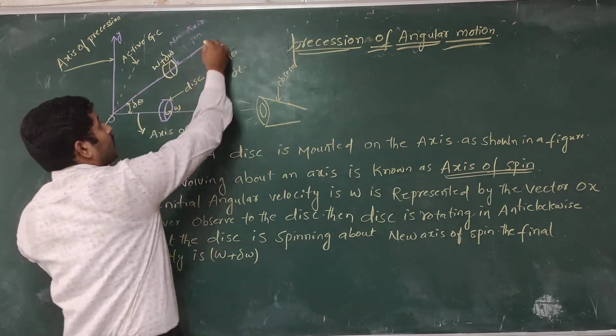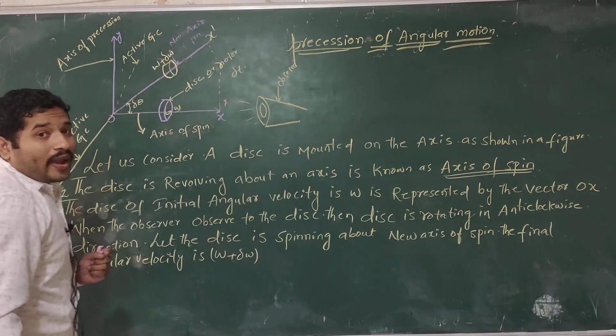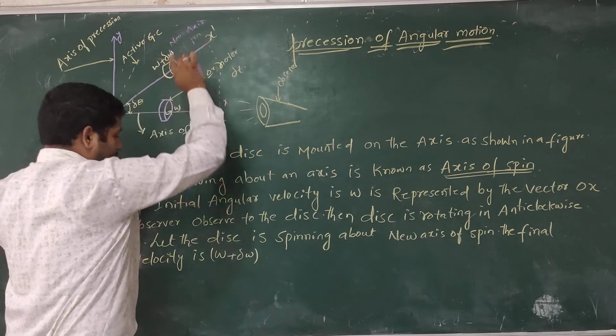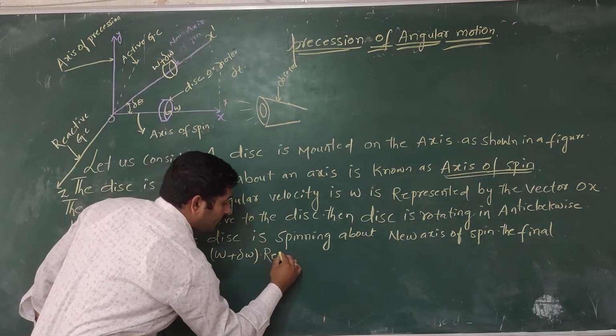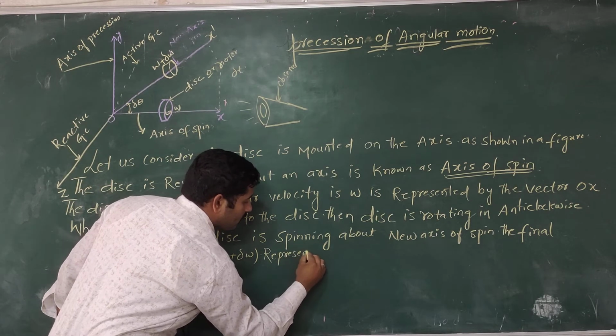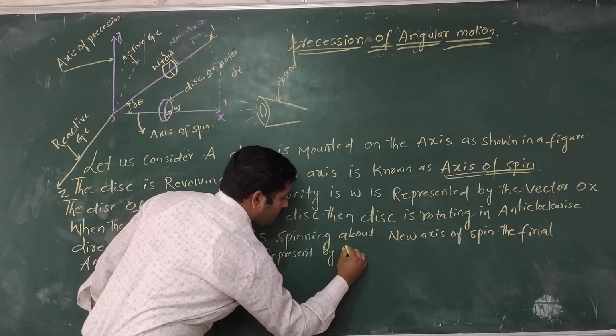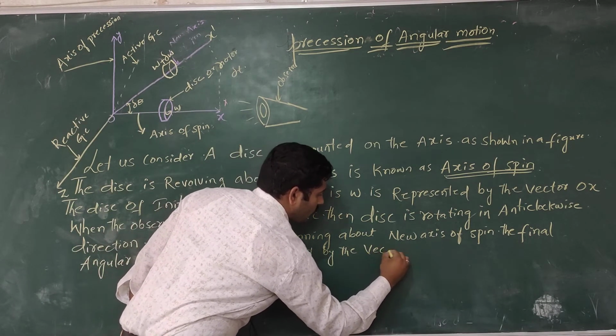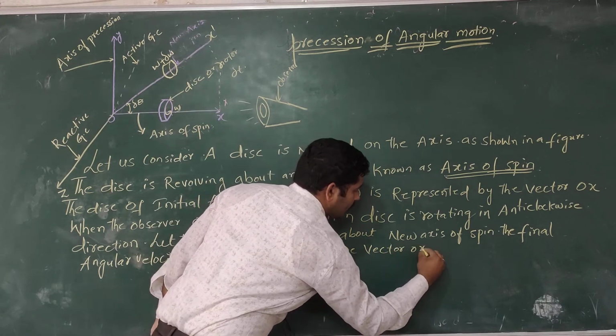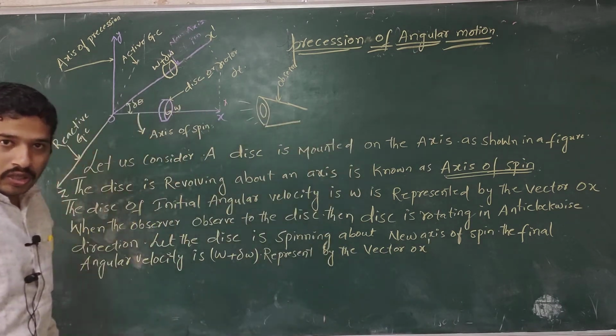That is the most important. Represented by the vector OX dash. Is it right?